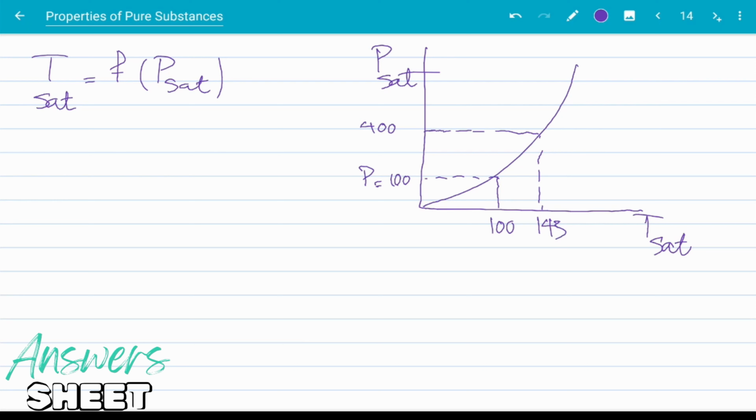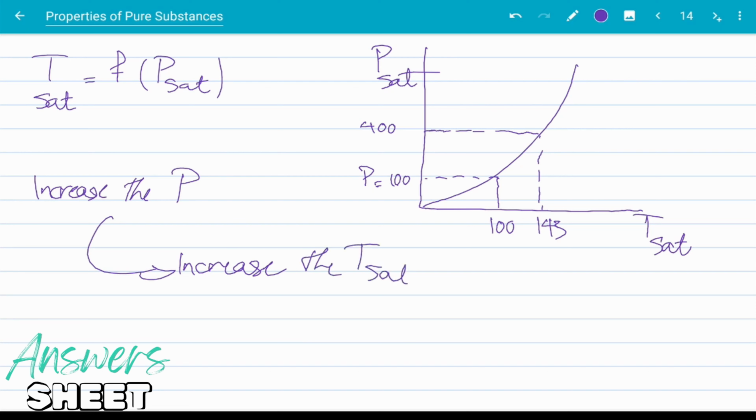What this means is that if we increase the pressure, we can increase the temperature at which the phase change happens. An example of this is what happens in a pressure cooker. Inside a pressure cooker, the pressure is higher than atmospheric pressure, and so the saturation temperature is also higher, right?